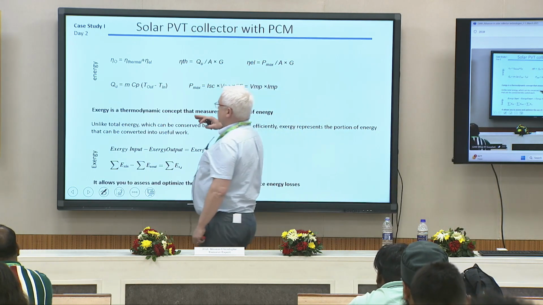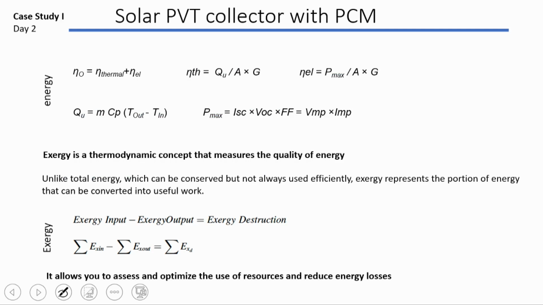From an energy point of view, we can add the thermal efficiency plus the electrical efficiency. The maximum generated power, as you remember, the fill factor is equal to the voltage for which the power is maximum multiplied by the intensity for which the power is maximal, divided by the intensity in short circuit, sorry, not open circuit, short circuit, and the voltage in open circuit.